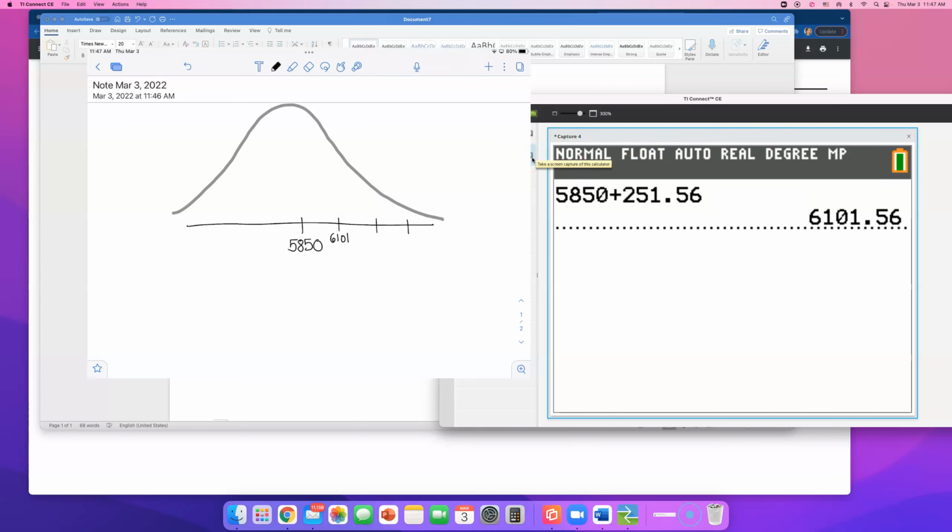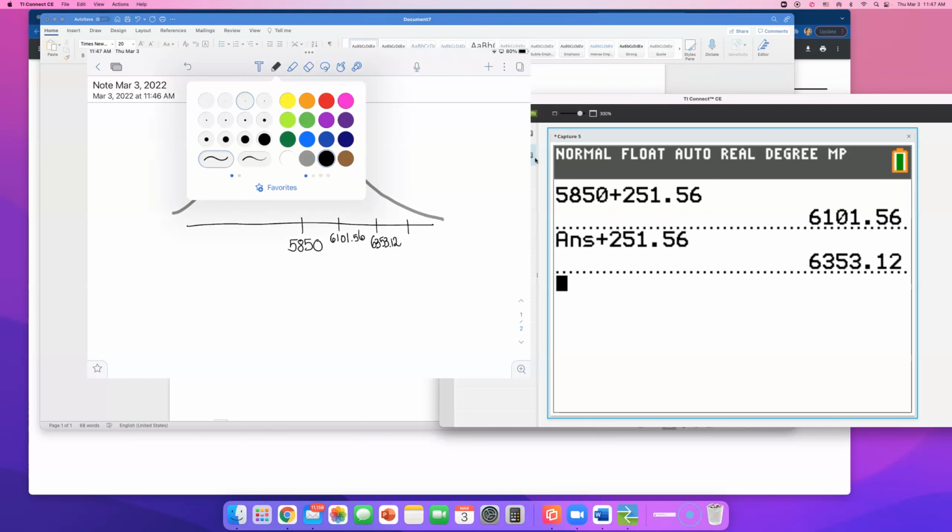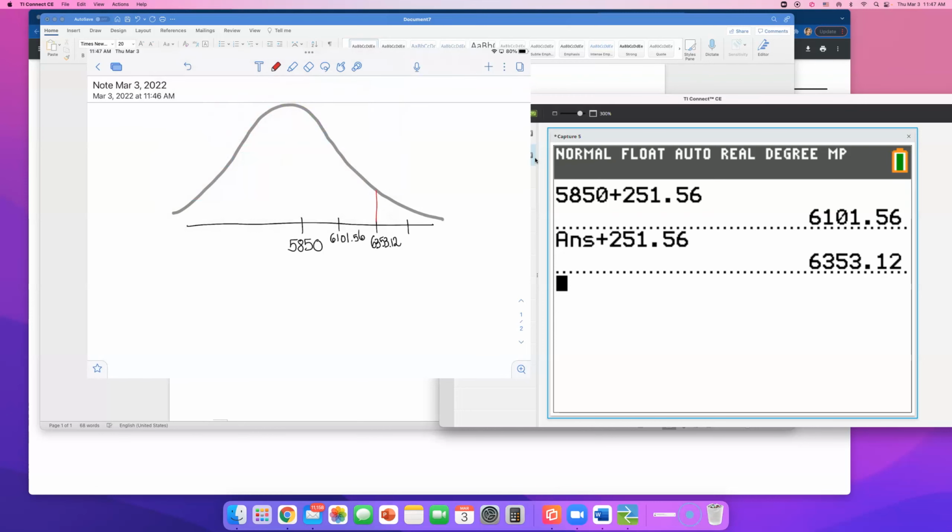I add another 251.56 and I get 6353.12. Remember the empirical rule? Anything greater than 2 standard deviations above is considered unusual. Above 3 standard deviations is considered an extreme outlier.